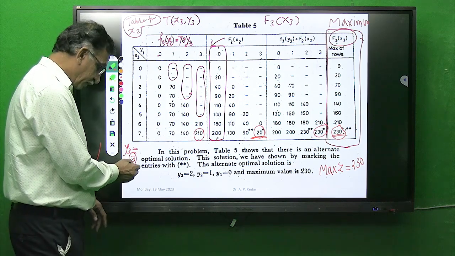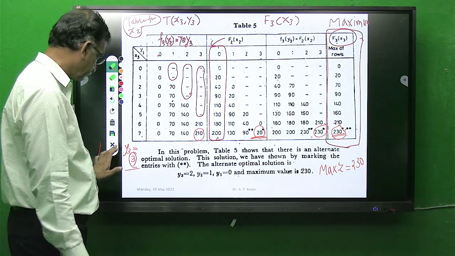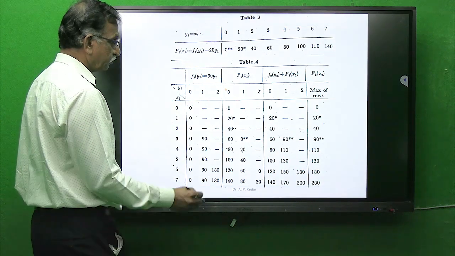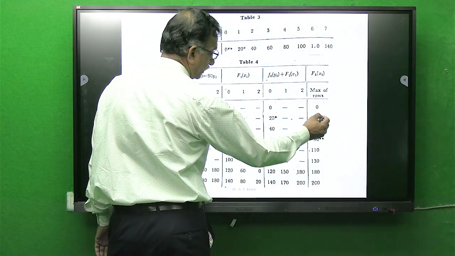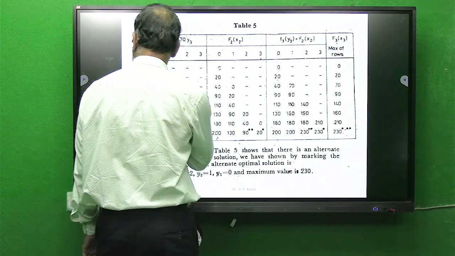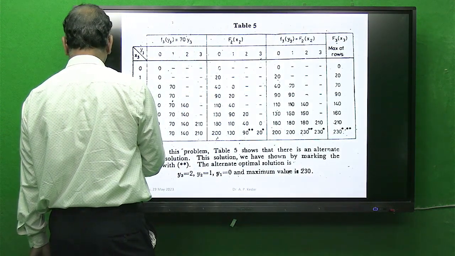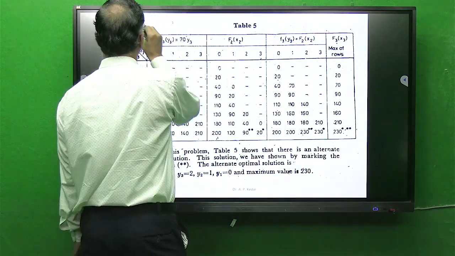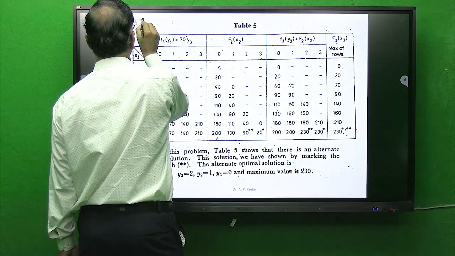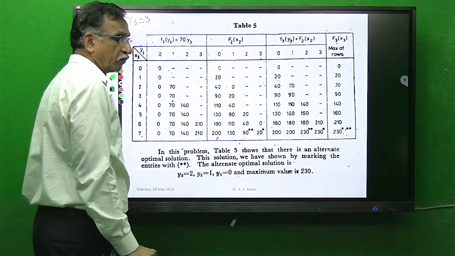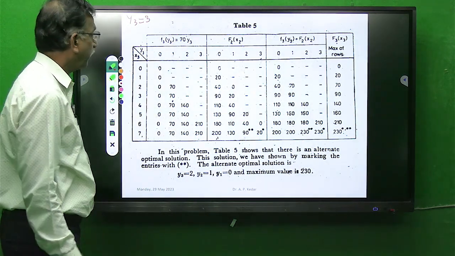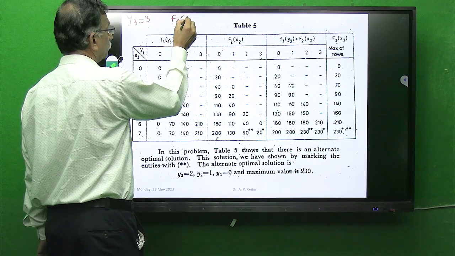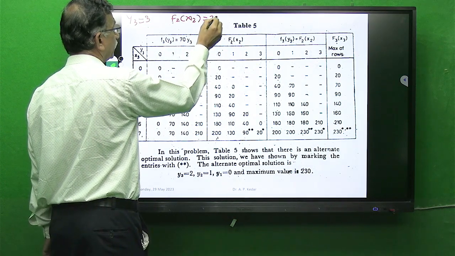Right now keep in mind this 3. If you backtrack, our intention is this: from the previous slide we have concluded y3 will be equal to 3 and our F2 x2 in the previous slide was 20.